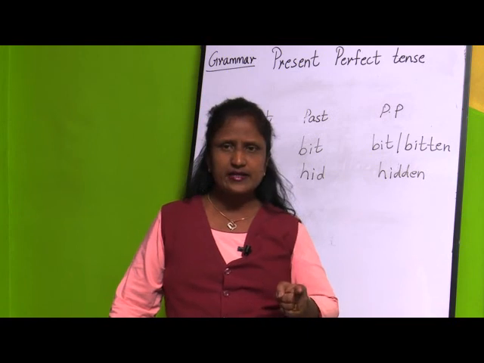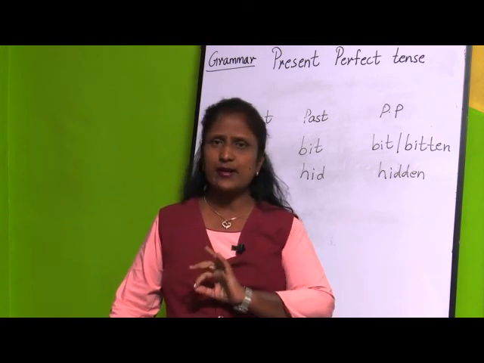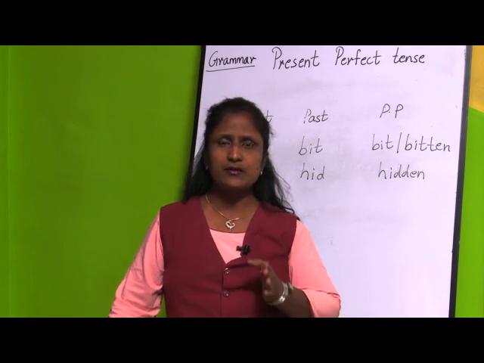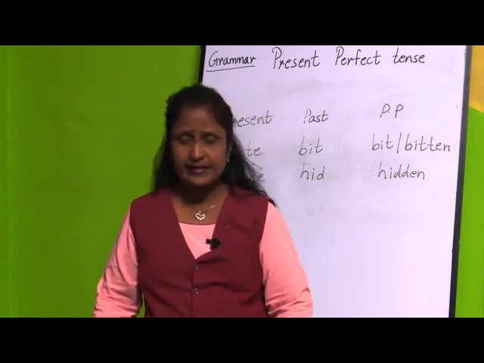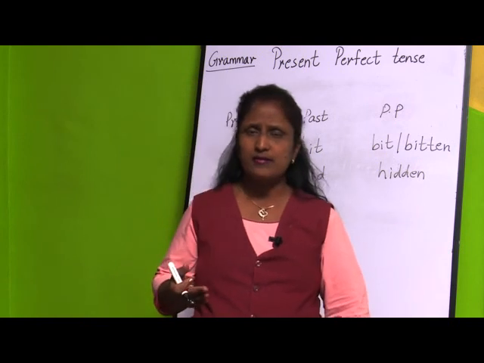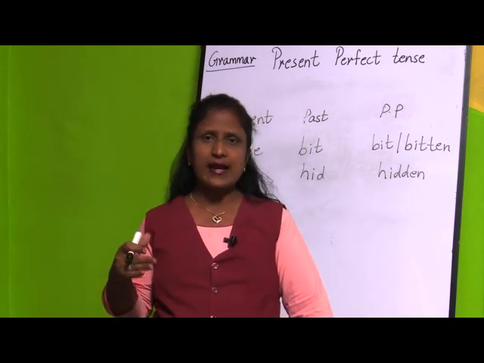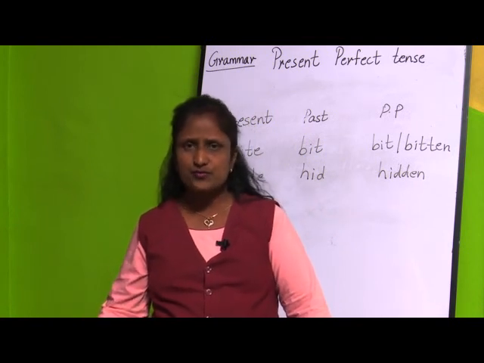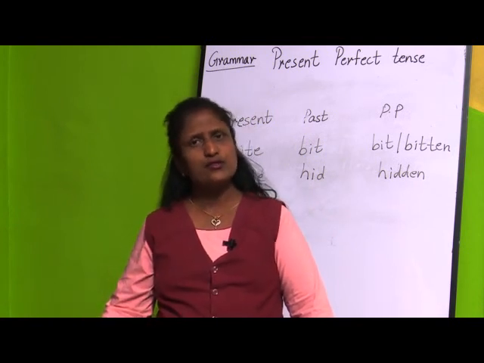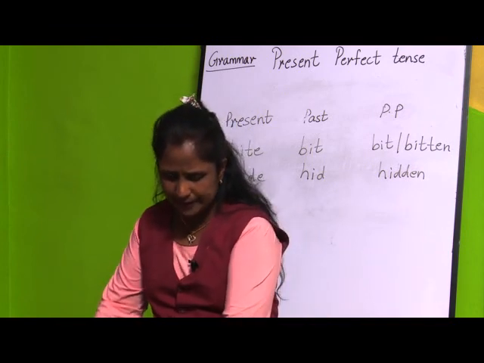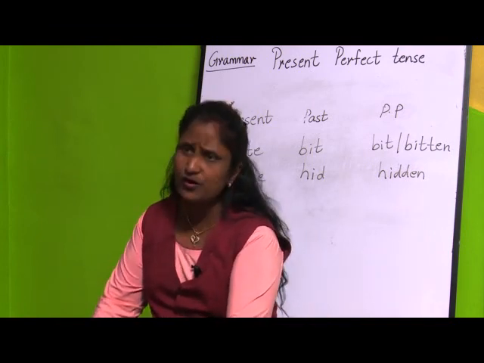The third case was what? If the verb is ending with a consonant plus y, then we are going to replace y with ied. And the next case was what? If the word is ending with a vowel plus y, then we are going to add ed to the verb.